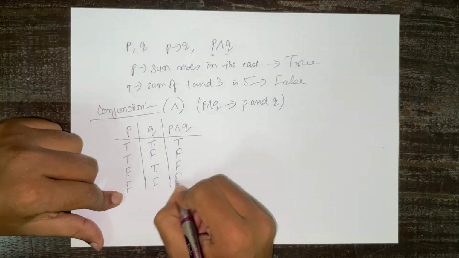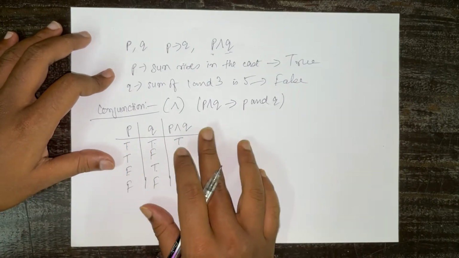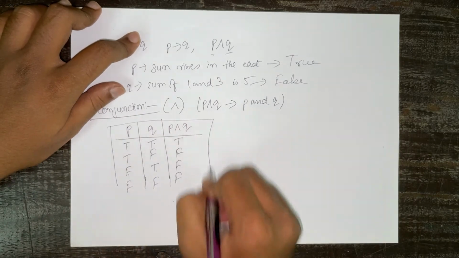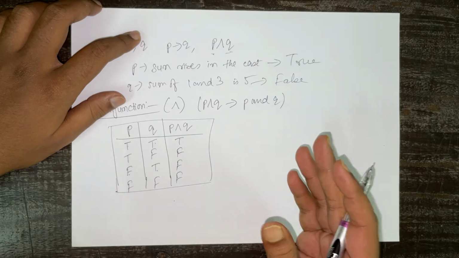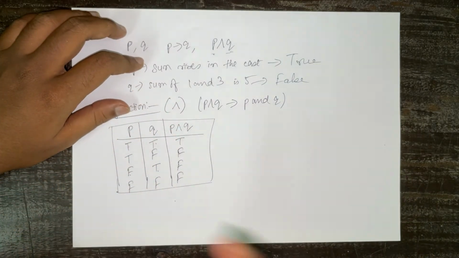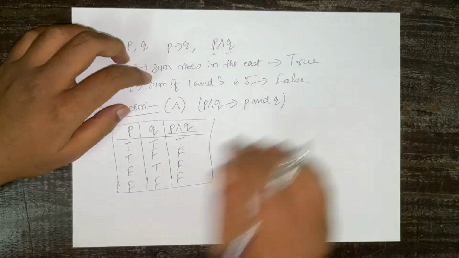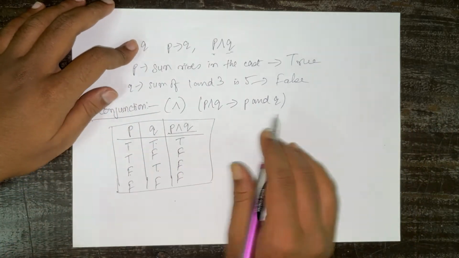If both are false, then of course it is going to be false. Okay, so that is what P conjunction Q is, and this is called a truth table. This type of table is called a truth table. Means we are using either truthness or falsity of a statement, and we are using that true or false of a statement in the relation. What will happen to the relation if the two statements are true or false? Okay, so this is about conjunction.